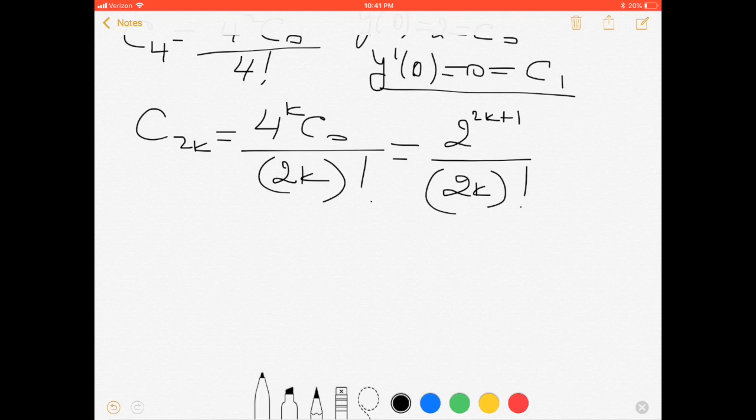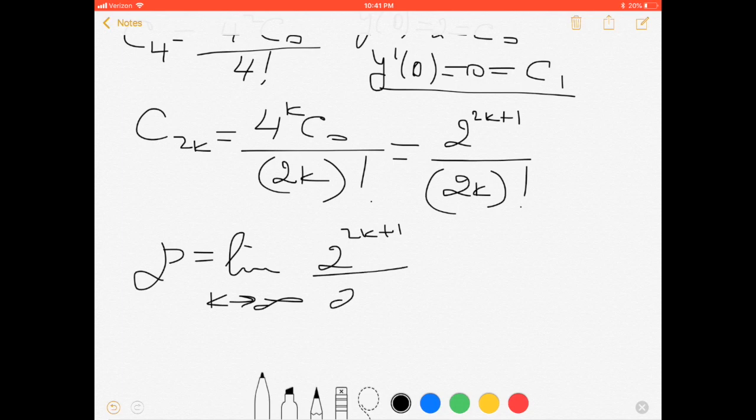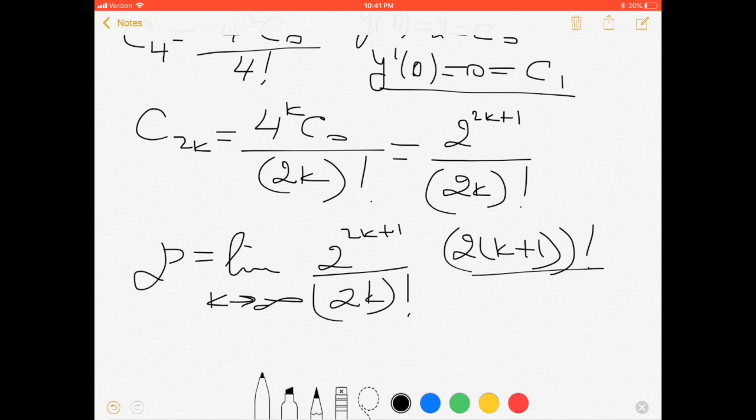Looking at the radius of convergence, what we have here: it will be the limit as k approaches infinity of 2 to the 2k plus 1 over 2k factorial divided by, this means multiplied by flipping the fraction, 2k plus 1 factorial divided by 2 to the twice k plus 1 plus 1.